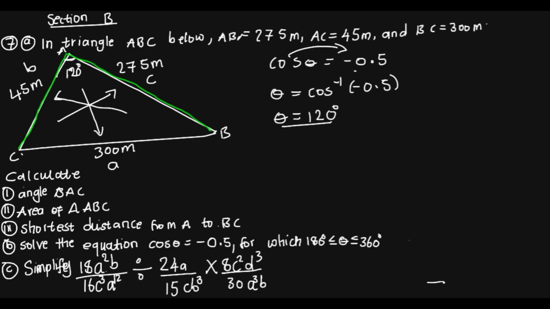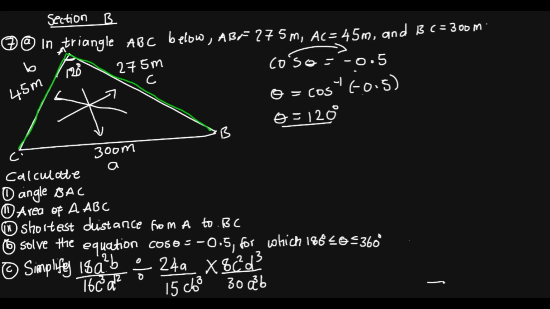Now this 120 is the angle in the second quadrant, but according to this limit, we want angles from 180 up to 360. So we want an angle in the third quadrant.